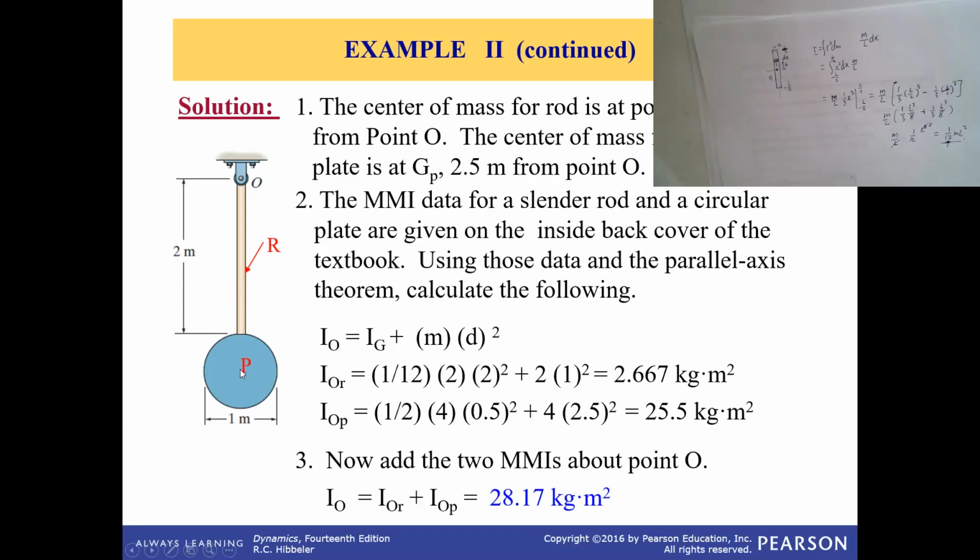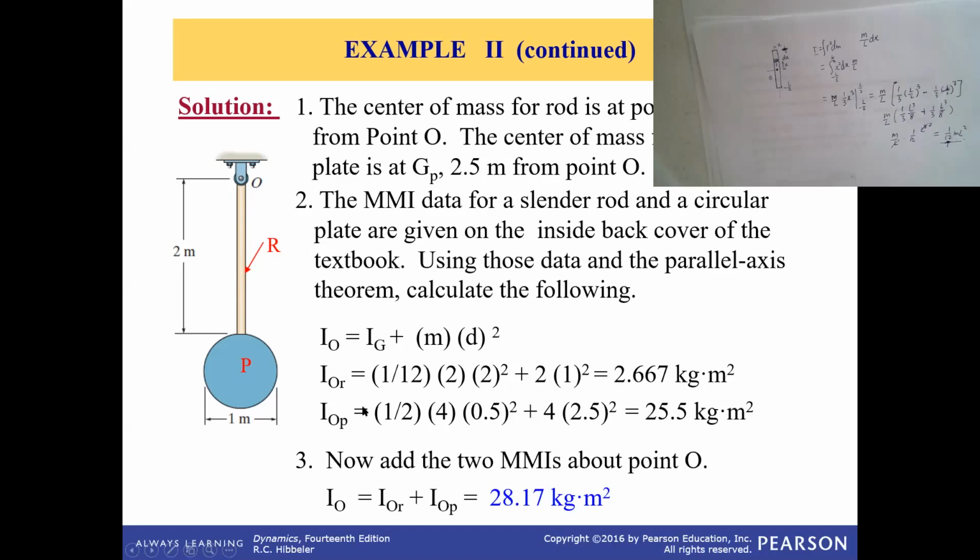Now that's the moment of inertia through the center of the disk. The new axis of rotation is over here, so according to the parallel axis theorem, you want to add m d squared. So m is the new m, the 4, and d is the new distance, the 2, plus the r here. So that's the distance between the two axes of rotation. That will give you 25.5.